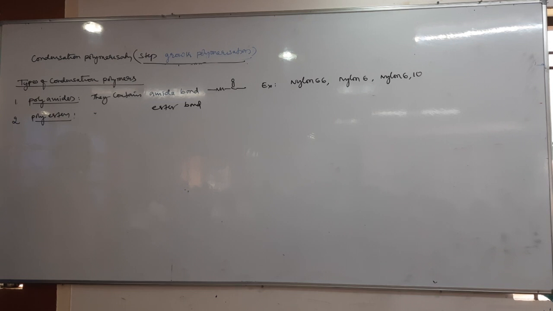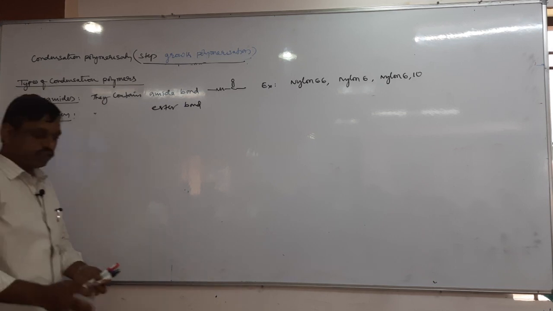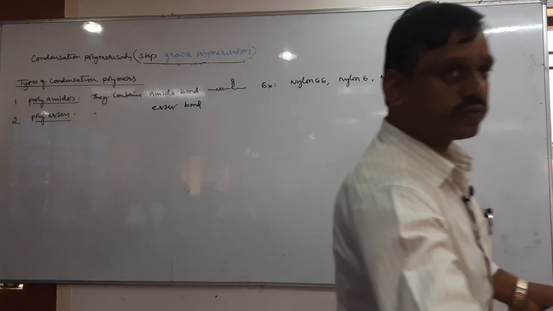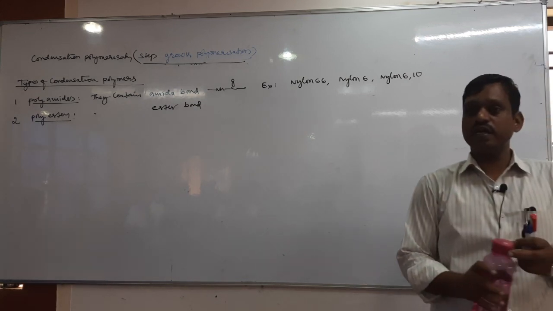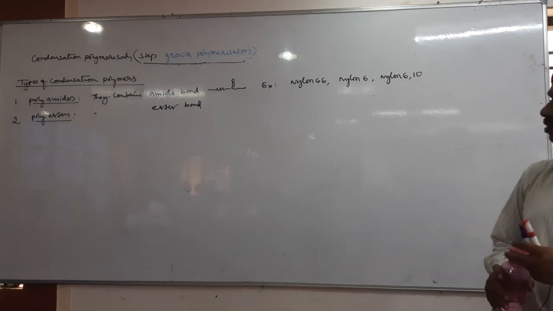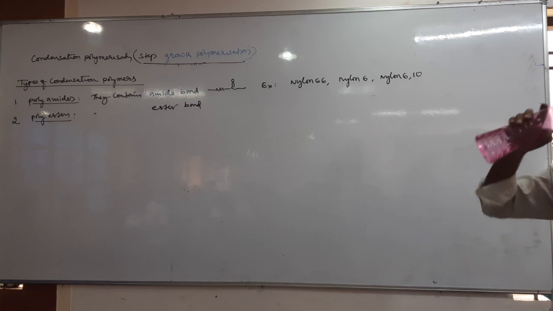Polyesters. Can you tell me which biopolymer has ester bond? Nucleic acids, that is DNA and RNA. Okay, right. They contain ester bond.